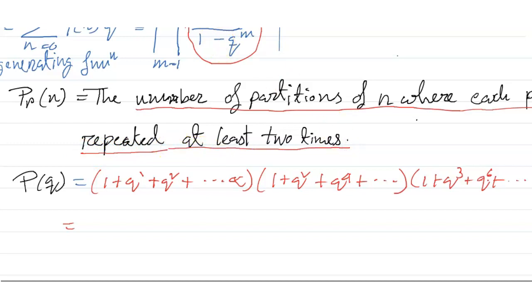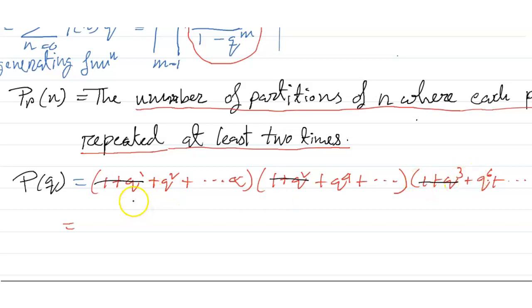So friends, we see that 1 plus q is a distinct part, 1 plus q square is also a distinct part, and 1 plus q cube is only a distinct part.